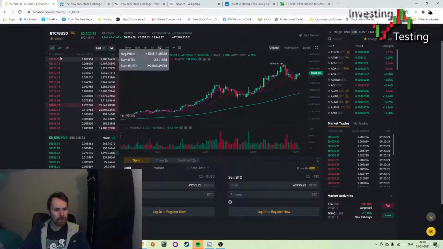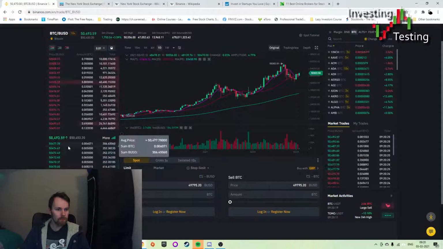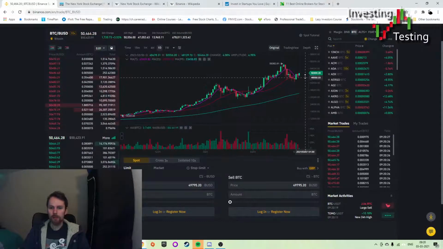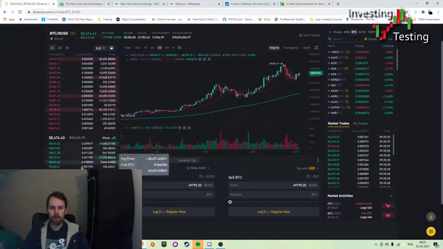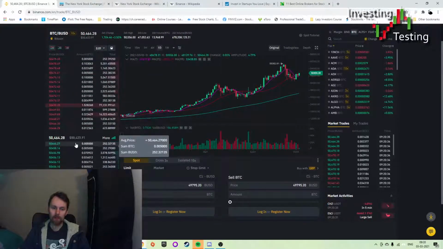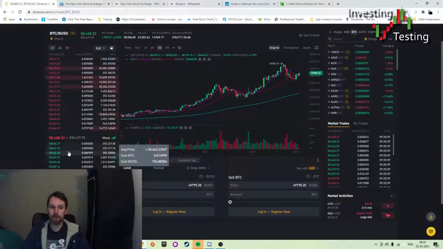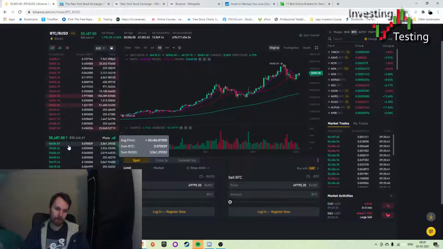Or is that the average value? That could be the average value between both of them. Oftentimes when you're looking at these graphs, they would give you the middle price between the sell price and the buy price.